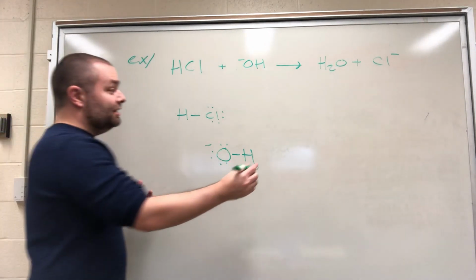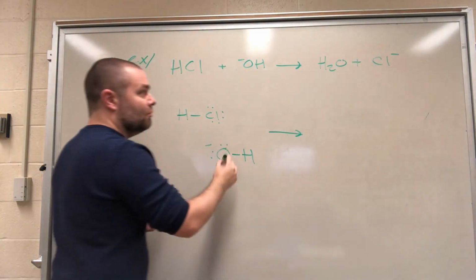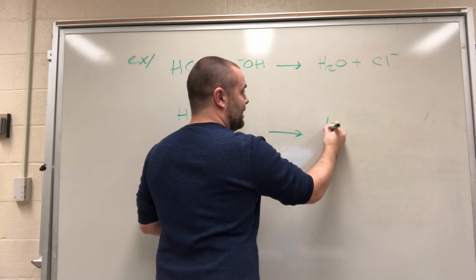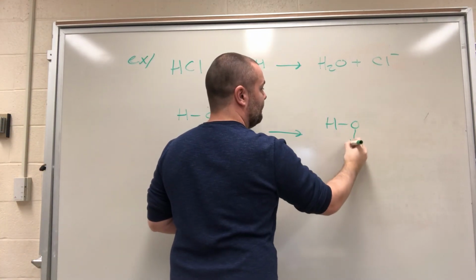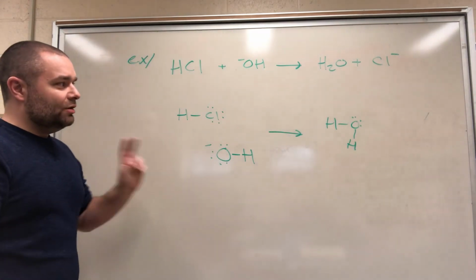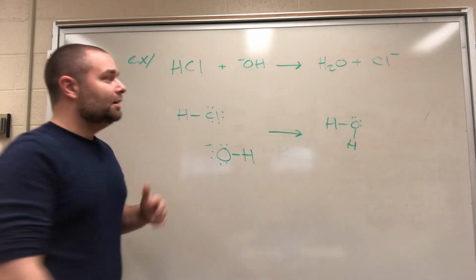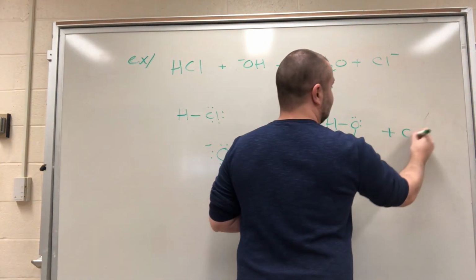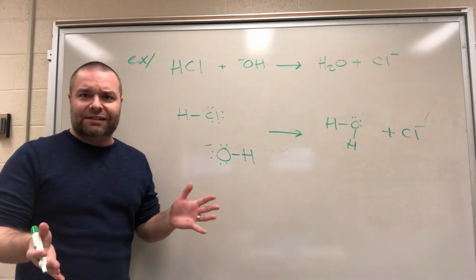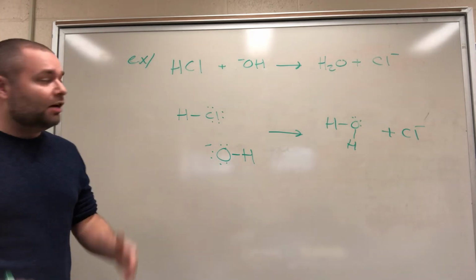Now what we get out at the end is something happens with these two molecules, and what we're left with is a water, where the O that's involved in this reaction is now attached to two H's, and we also get a Cl minus. So the Cl is no longer attached to anything, it's just floating away by itself.